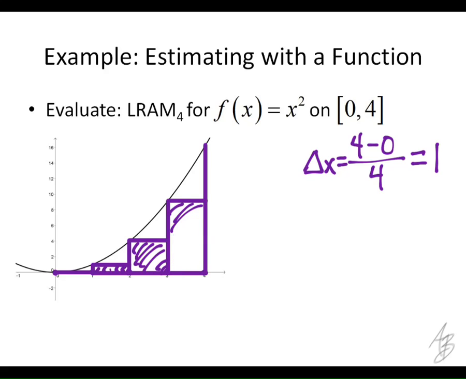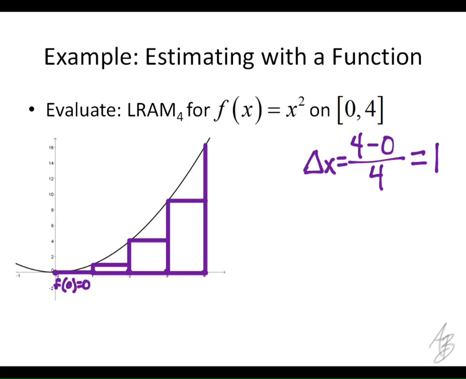All right. I'm going to clear some space here so I can work. What's the height of this rectangle going to be? How do we know that? 0 squared. Yeah, we put our left endpoint in, and f of 0 is 0. How about the height of this one?